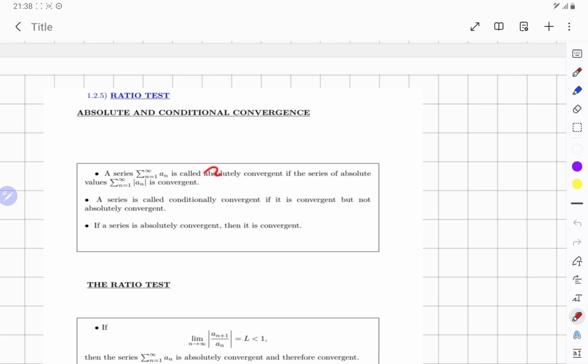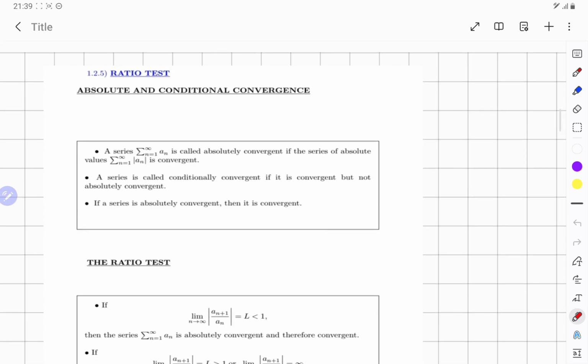So that is very important. So if I have any series and I can show that the series of absolute values is convergent, then my series will be absolutely convergent.